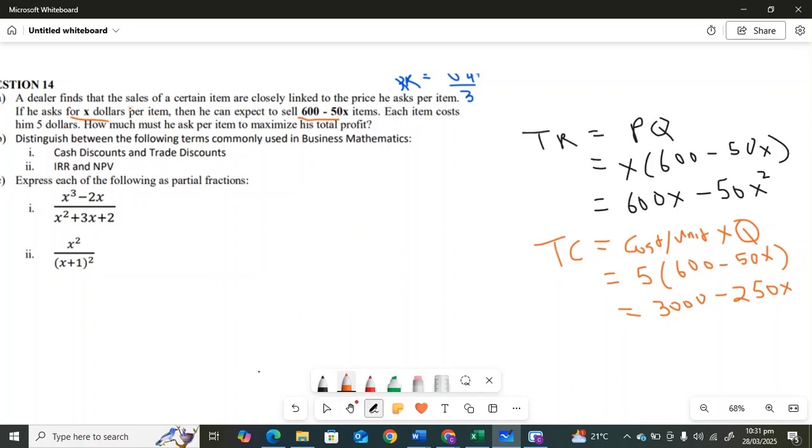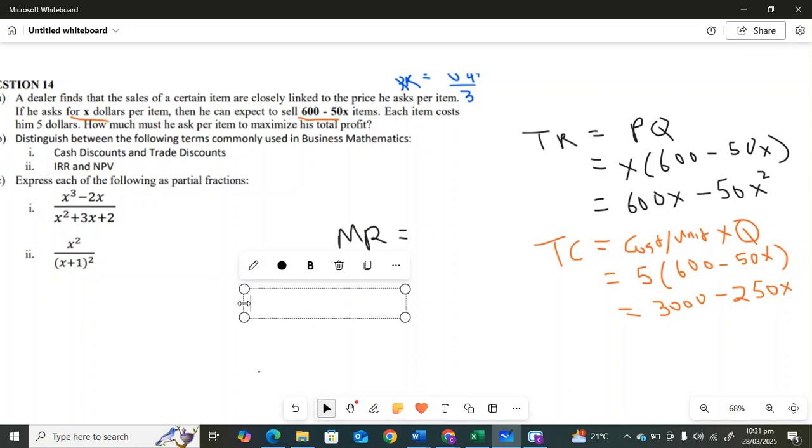In economics, write this down: the point of profit maximization occurs where marginal revenue, I'll explain what marginal revenue is, equals marginal cost.